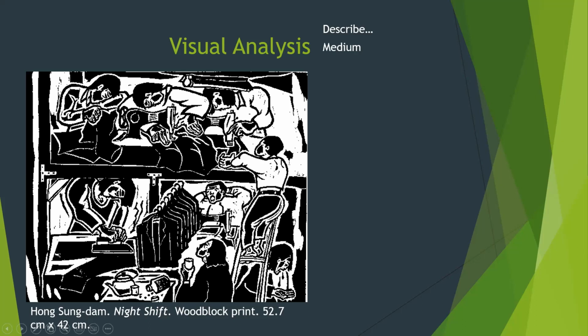The positive and negative is the relationship between the heavy black and the heavy white, right? There's this use of stark contrast between the black and the white. That's very good. And that's stylistic, right? Because that's color. And the line, right? There are thick lines and thin lines.